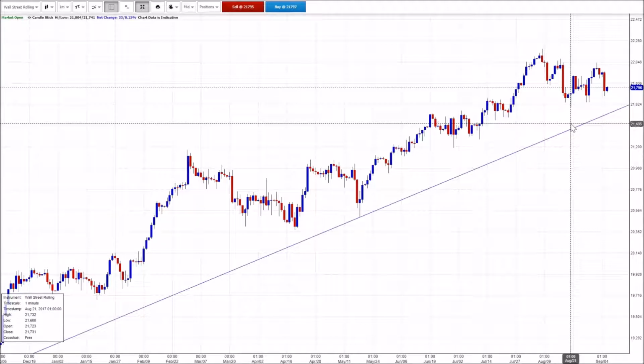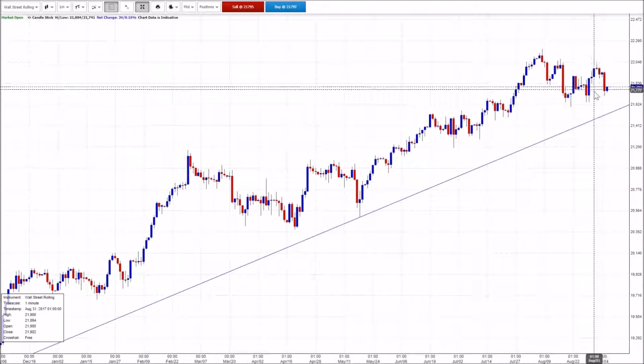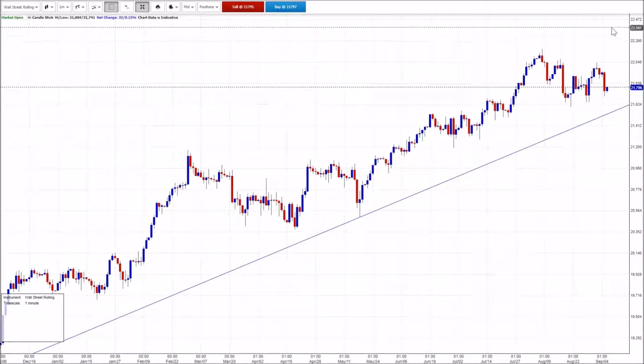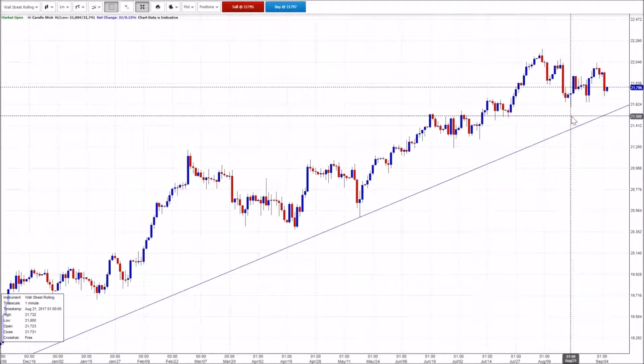So we've got a couple of 100-point stop loss and a bit more. But if we're expecting the market to ramp up 500, 600, 700 points, that shouldn't really be an issue. So that's clearly one area to watch on the Dow, those 21,600 lows. We are 200 points above that. But as we know, if the market really starts moving, 200 points can be not that much.